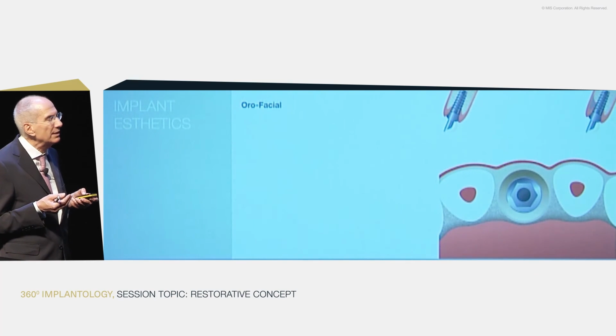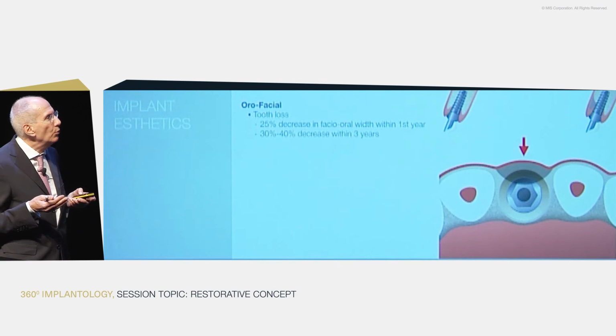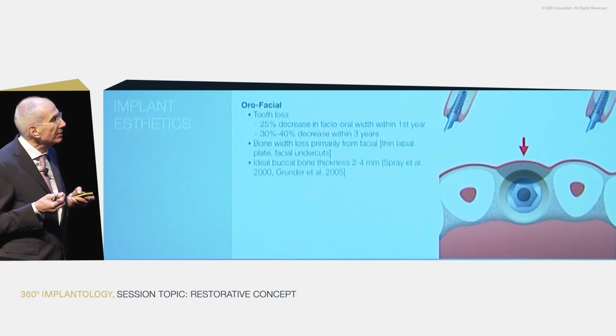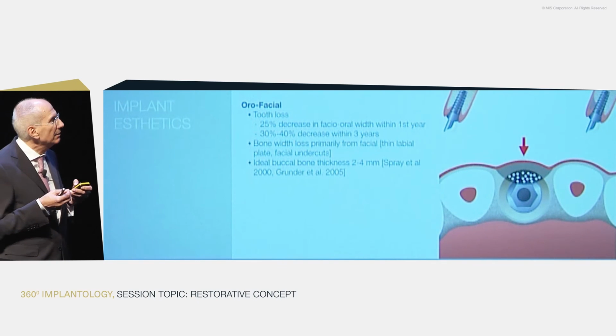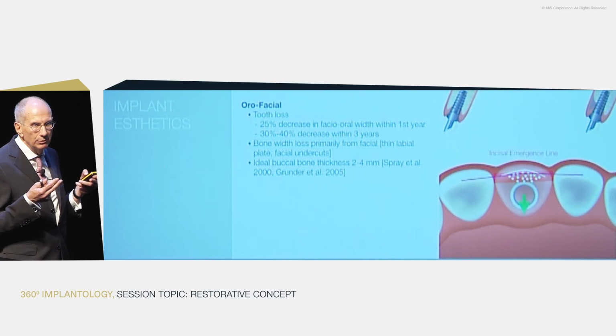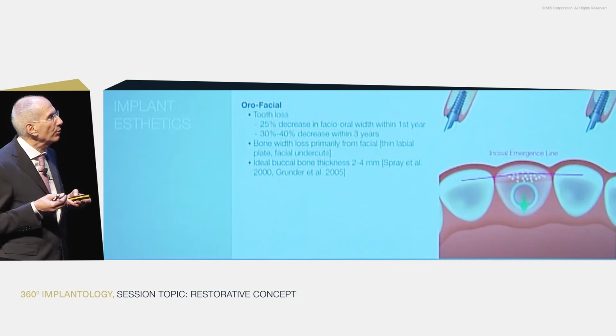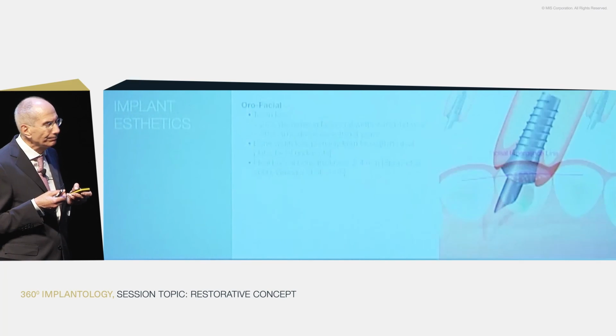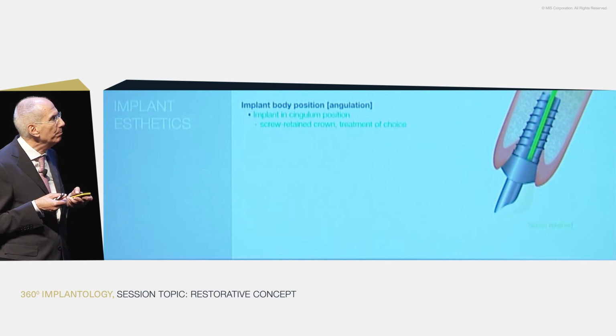We have to compensate for the bone, to build it up, and do all these surgical procedures to get the minimal soft tissue that is necessary to have restoration that is looking aesthetically. And maybe we have to compensate that also by going a little bit more palatally, by placing the implant.